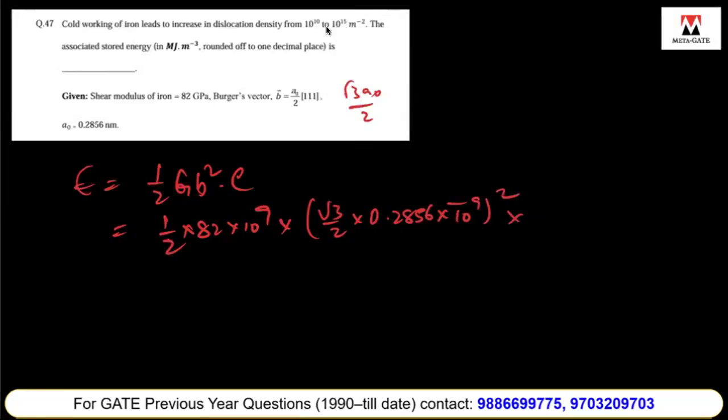The increase is 10 power 15 minus 10 power 10, so nearly 10 power 15 only. If you calculate this, you'll get 2.5 megajoule per meter cube. The answer is 2.5.